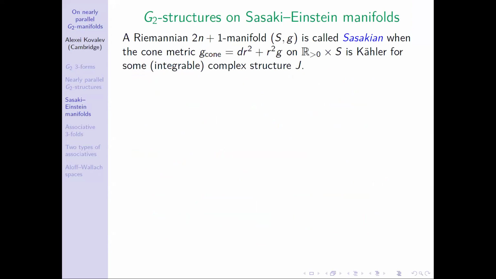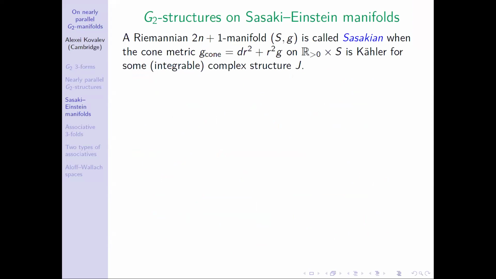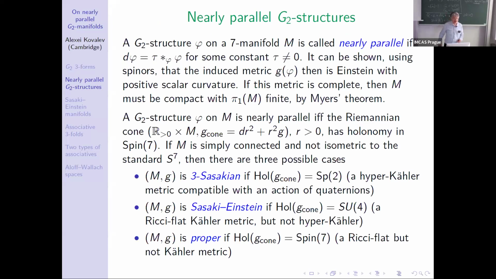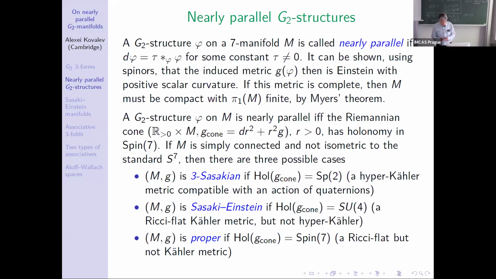Sorry, may I have a question? Yes, please. To the previous page. Previous page, yes. So in this list, all groups are irreducible, but it's possible that there are some products. Well, I'm assuming, yes, it's a good point.